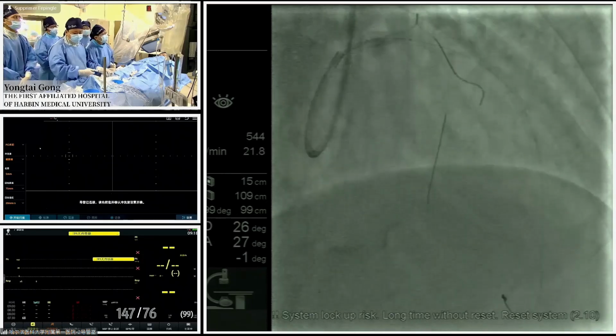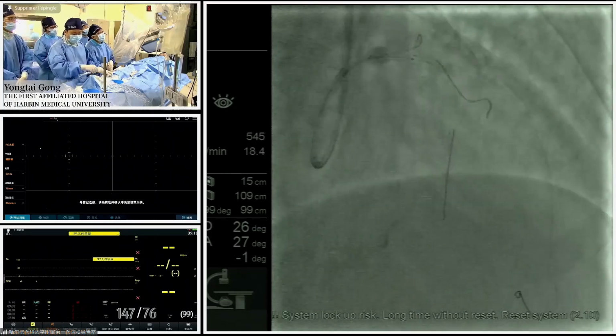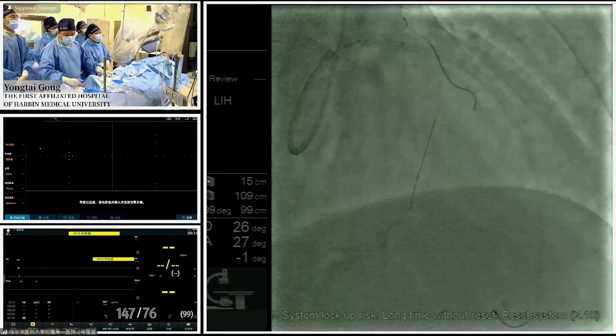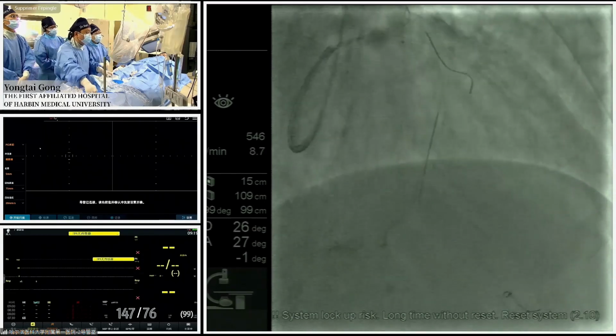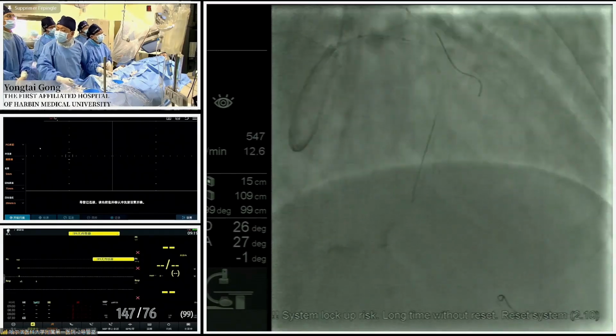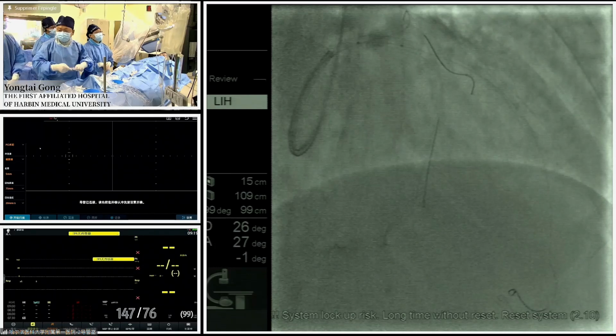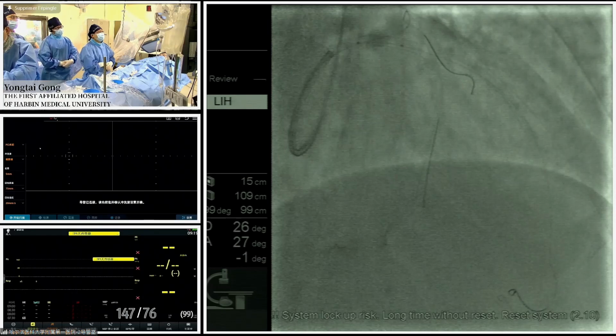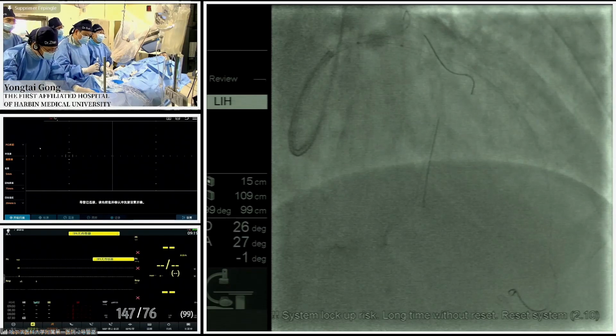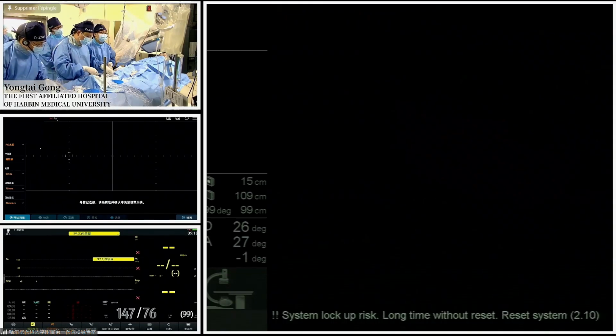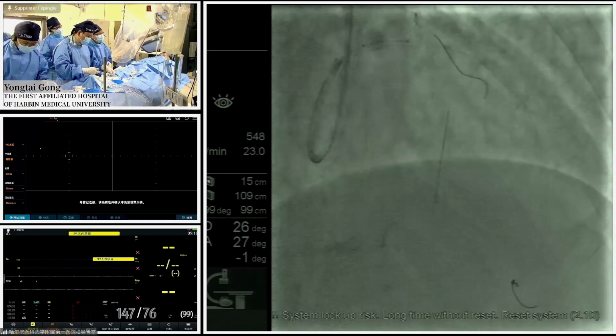So Dr. Gong, you have finished the IVL, right? Just completed 3 circles. Sometimes, when we use IVL to correct the calcification, we have to do it a few times, right? It's not just a one-time thing. Yeah, it should be performed repeatedly, and I think it will help us to get optimal stent deployment.